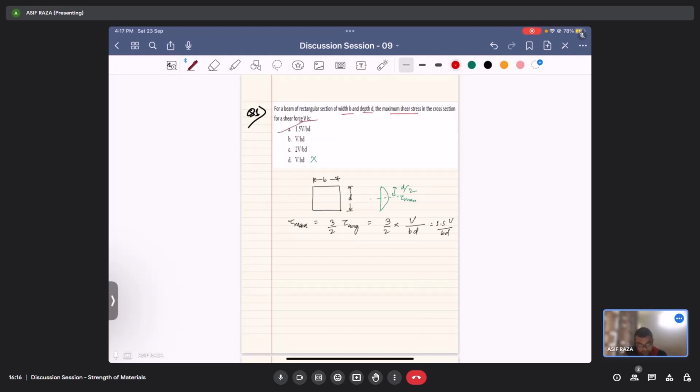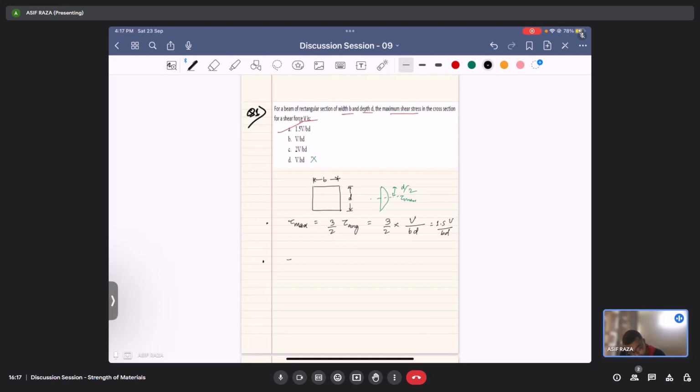Now the second way which we can do is to calculate the shear force at the mid section or the mid point.